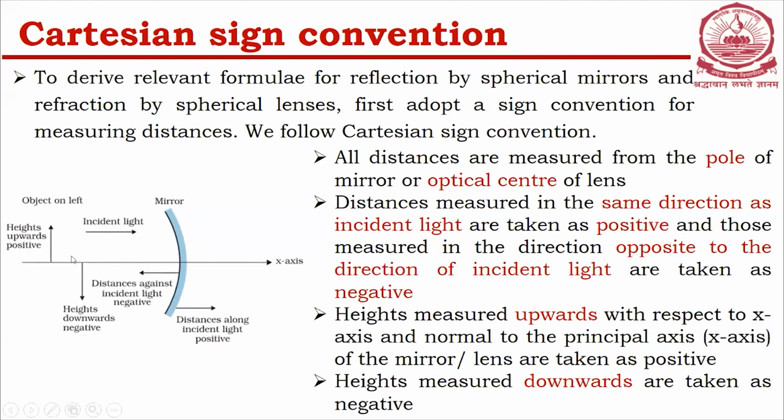If the heights are measured downwards, it is negative. These are the basic sign conventions required to get the mirror equation, the lens maker's equation, even refraction at spherical surfaces, all these things. This is your Cartesian sign convention. Hope it's clear for you.